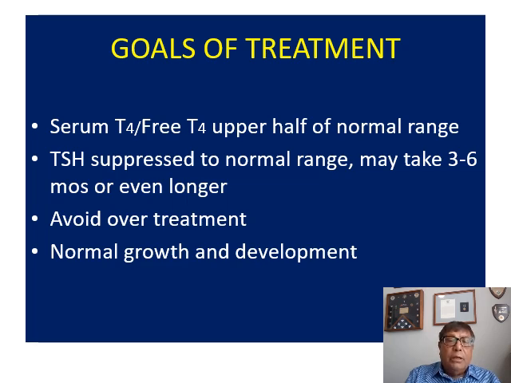Overtreatment must be avoided because one of the side effects of overtreatment is craniosynostosis, and also the baby doesn't gain enough weight and is jittery. So in all circumstances, avoid overtreatment, and one has to make sure that they are growing normally, with normal growth and development.